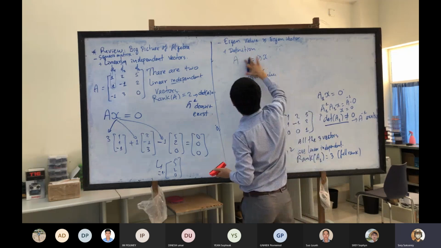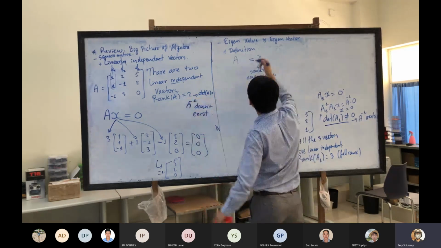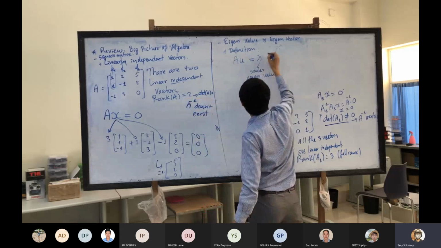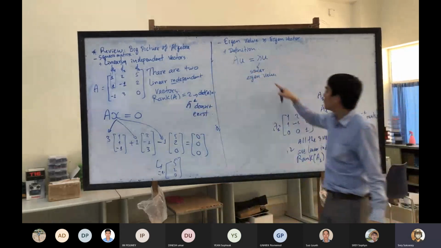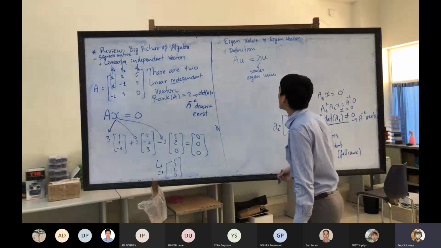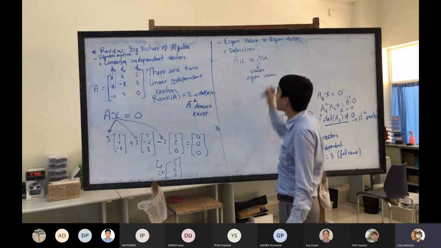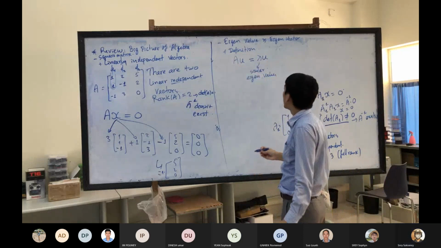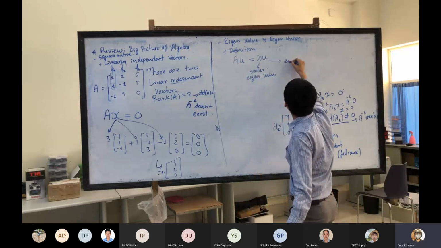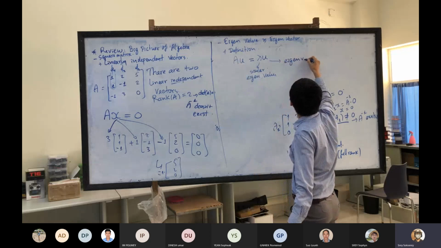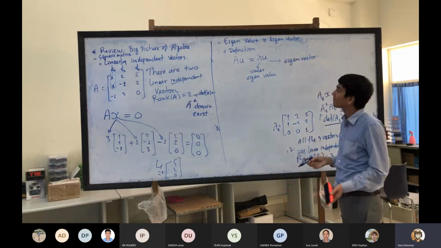To avoid the same notation, let me use U. So you have vector U and value lambda. When you multiply U by A, then you just scale U by lambda. And U is called the eigenvector. So this is the definition.